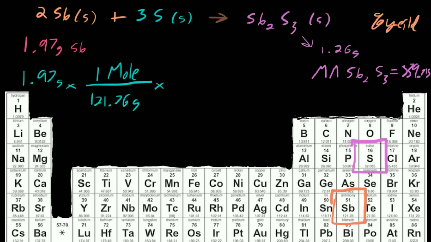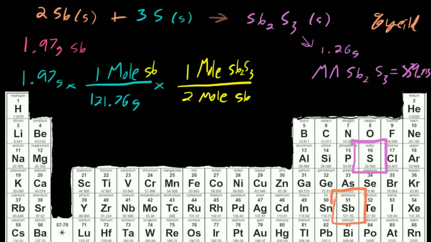So for every 2 moles of antimony that we put in, we are going to get out 1 mole of Sb2S3.